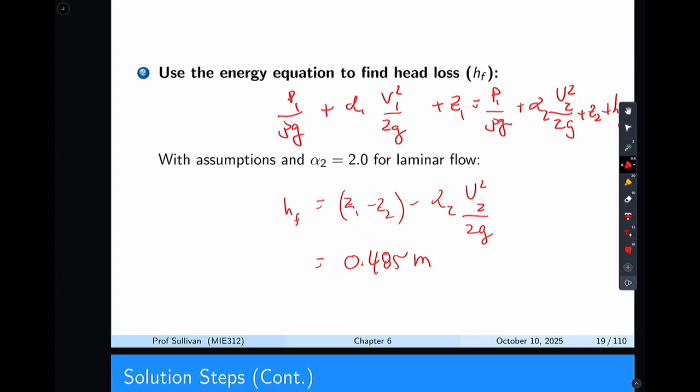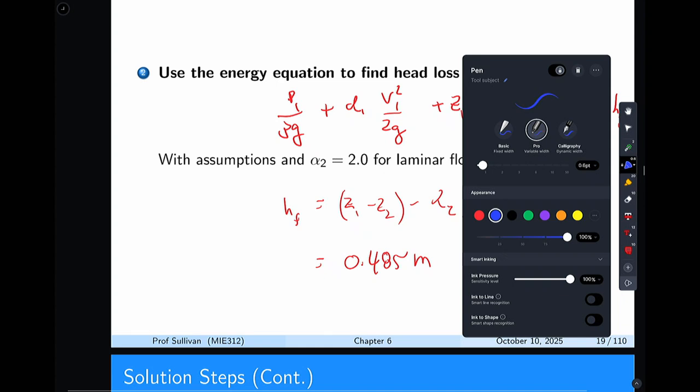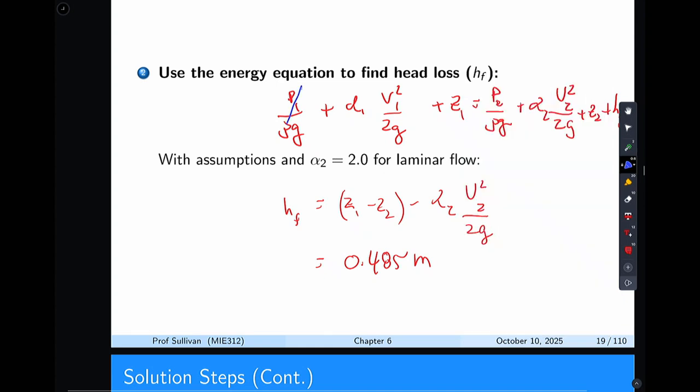So I have a head loss between the 2 points, so 0, 0, not P1, P2. So in terms of this expression at the top, that's 0, that's 0, that's 0, that's 0, and there you go.